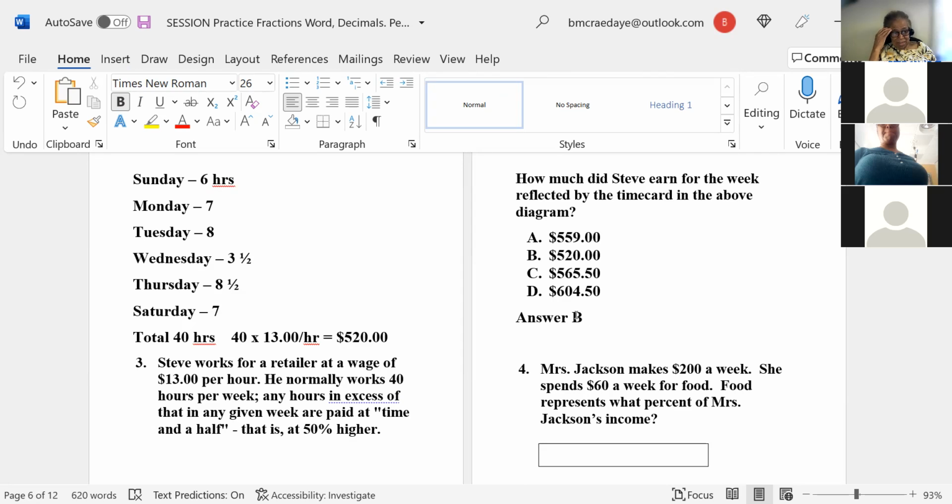And you probably would think, well, he's going to make some overtime, but he really worked exactly 40 hours, no overtime. When I checked it first, it was 40 hours. You could add up all your whole numbers, and a 1/2 plus 1/2 gives you a whole. You add that in, you get the 40 hours.